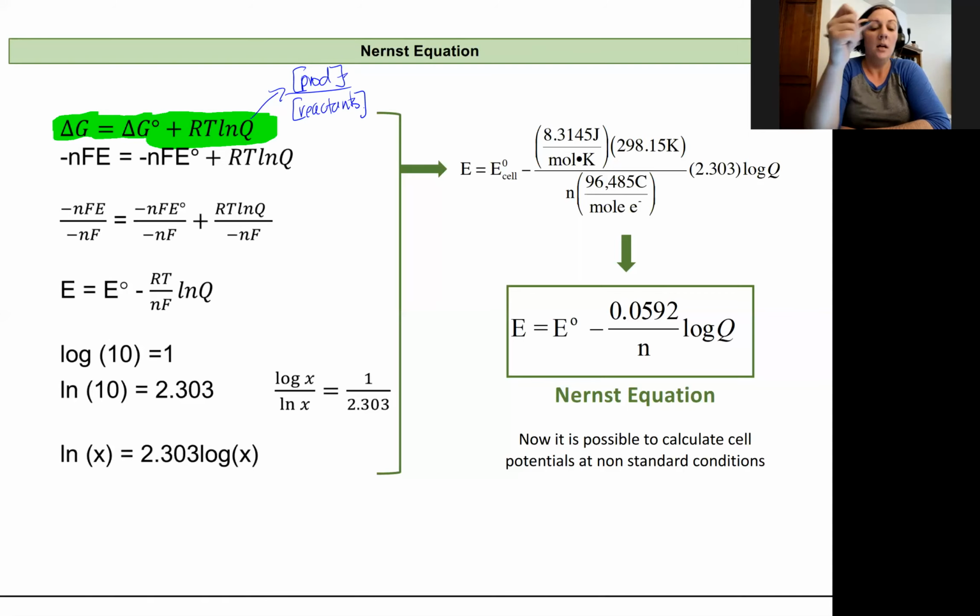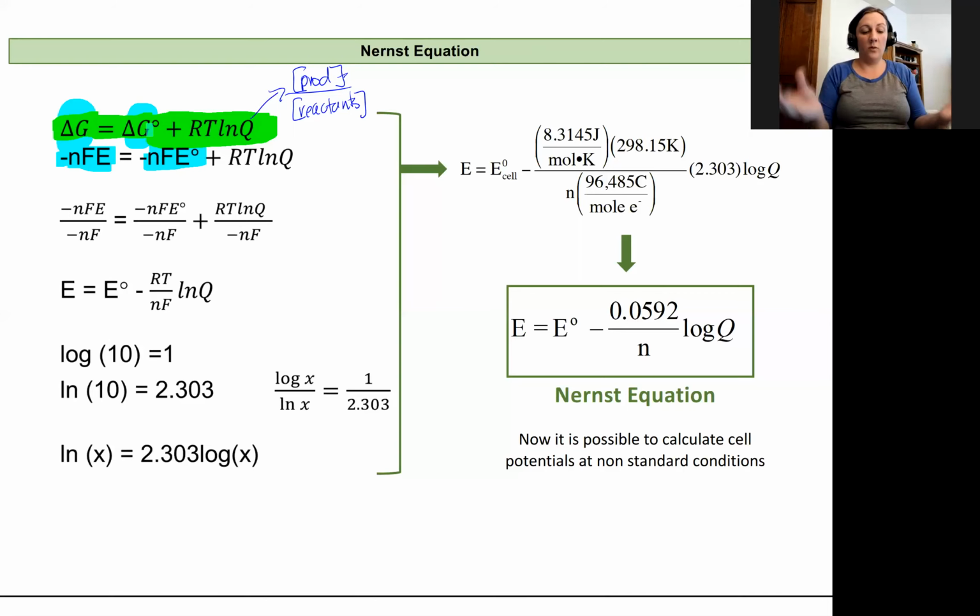All right, well, now that we have all of these equations that connect free energy to equilibrium to cell potential, we can substitute and rearrange. We're taking that equation that our free energy is equal to the negative of our moles of electrons in our balanced reaction times Faraday's constant times cell potential. That's this piece right here. And we're replacing that for our free energy. So we're substituting that in right here for these G values.